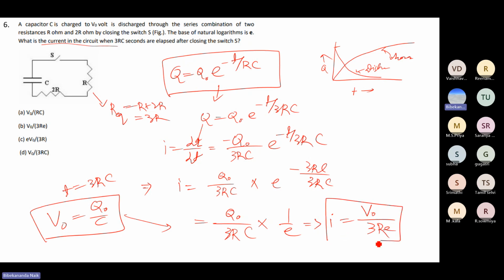So this is the current in the circuit after the time 3RC. In place of time t, we put 3RC. So this is the value of the current, V0 divided by 3Re.